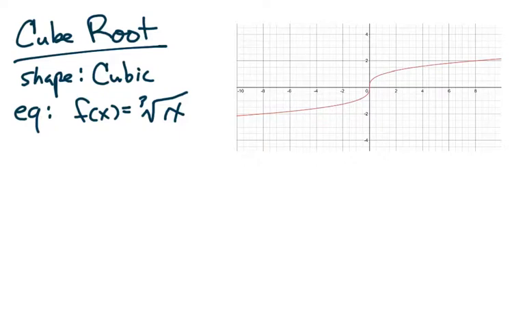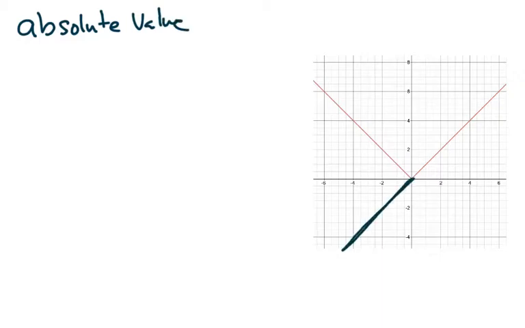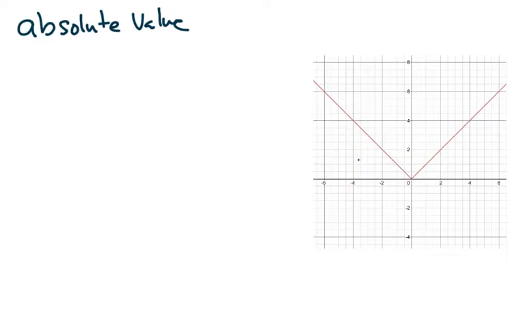All right, moving on. Okay, this is the absolute value function. Very similar to a linear function. However, a linear function would look like this, y is equal to x. Whenever you plug in a negative value, it's going to turn positive, so it's going to be flipped up. So that's how you get this V shape.